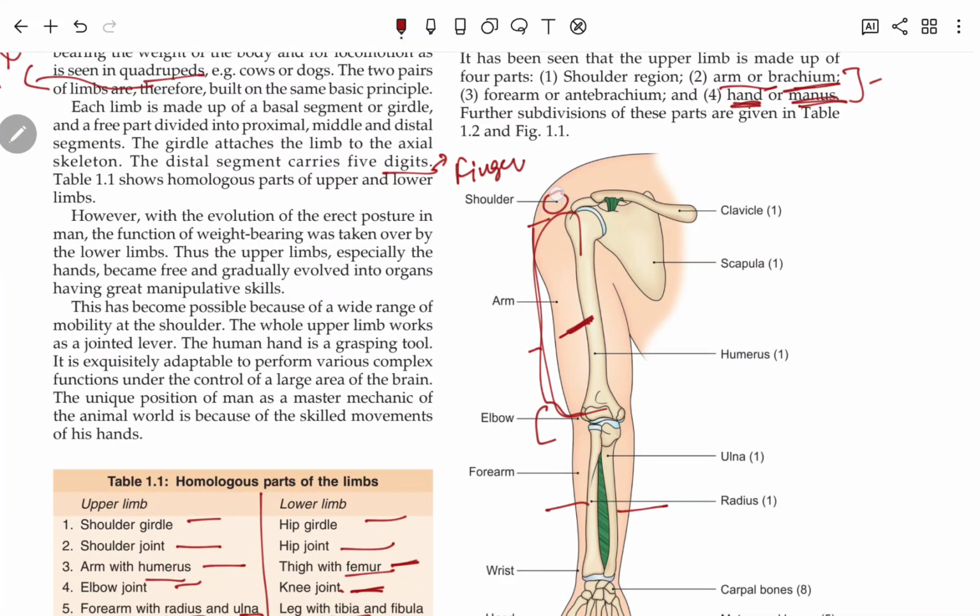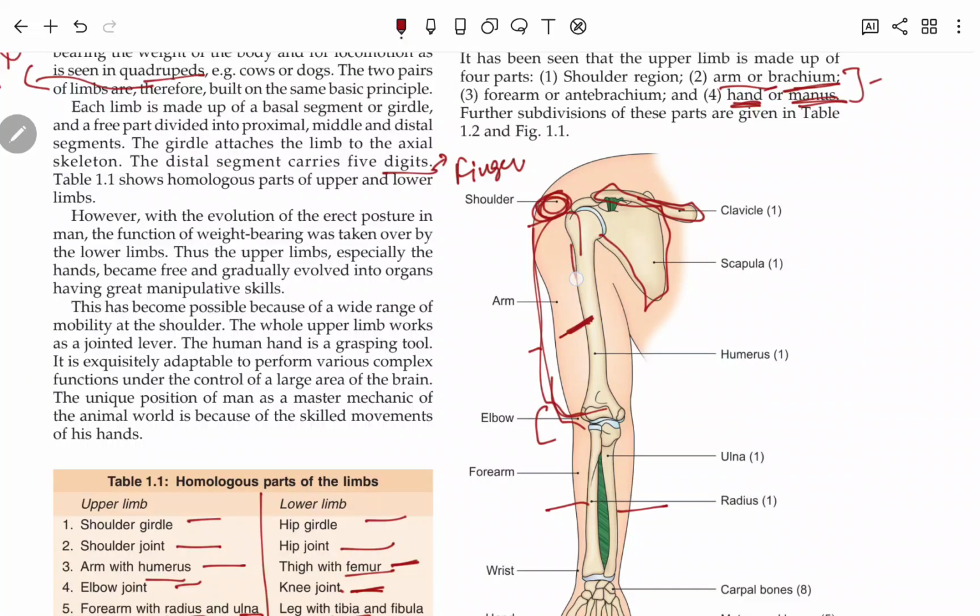Then here is the shoulder girdle. This is the clavicle bone, which attaches the upper limb with the axial skeleton; appendicular skeleton and axial skeleton. Then there is the scapula, the wing bone at the back. Then we have the arm.